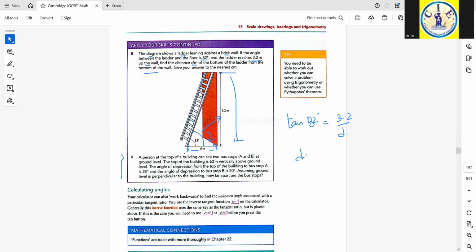So cross multiplying them, d will be equal to 3.2 divided by tangent 82, which is 3.2 divided by tangent 82.